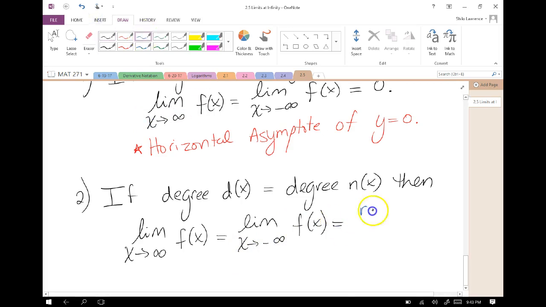There isn't a really nice way to write this. I'm just going to say it's the ratio of the leading coefficients. And we're going to look at an example of this in just a second. The leading coefficients are the numbers in front of the variable that has the biggest exponent.